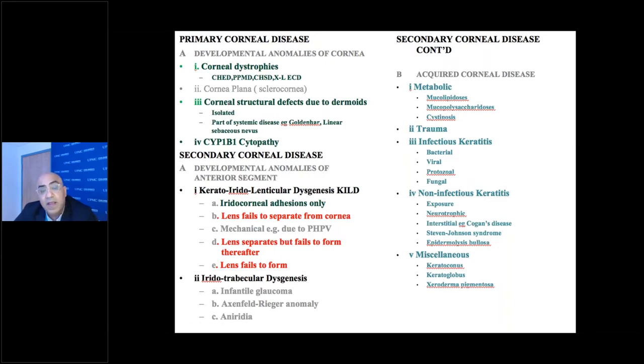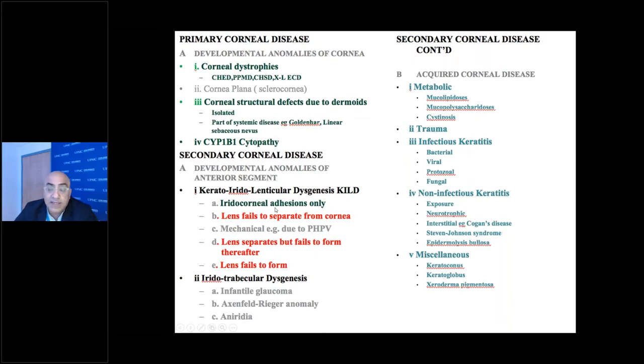We then look at secondary corneal disease, and here we talk about developmental anomalies of the anterior segment. Sometimes we call this anterior segment dysgenesis. And there are a number that I'm going to go through with you, but you can see that the only one here in green is what we call iridocorneal adhesion.